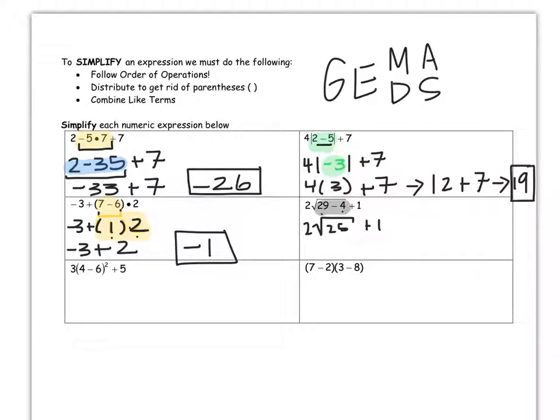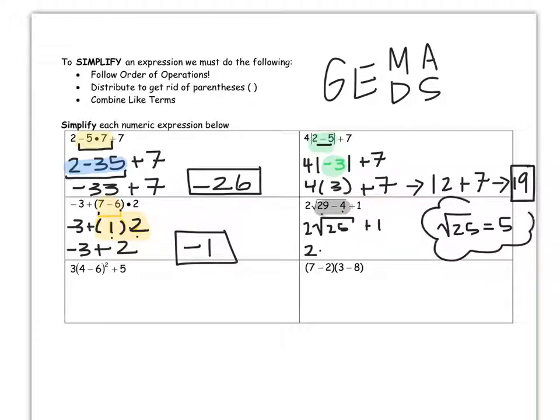Now, when something is right next to each other, like it is here, that just means multiplication. So I'm going to keep the 2 here, and I know these are just multiplied, and I'm going to ask myself, what is the square root of 25? That really means what number multiplied by itself gives you 25. And the answer to that, I'm going to put it over here, the square root of 25 is 5.